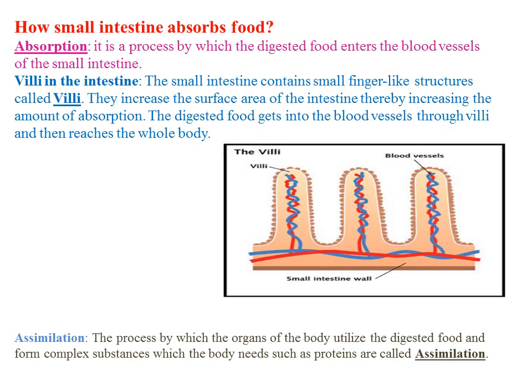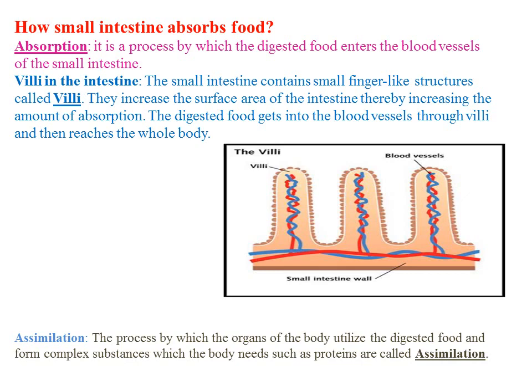They increase the surface area of the intestine, thereby increasing the amount of absorption. So when the surface area increases, the food will be absorbed in a large quantity. The digested food gets into the blood through villi and then reaches the whole body. You can see the picture of the villi in the small intestine wall.